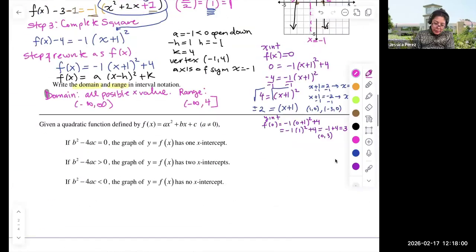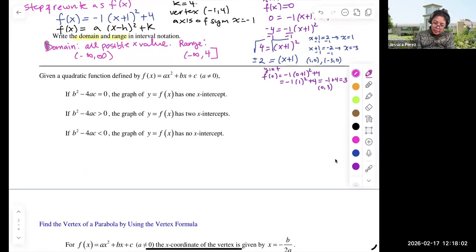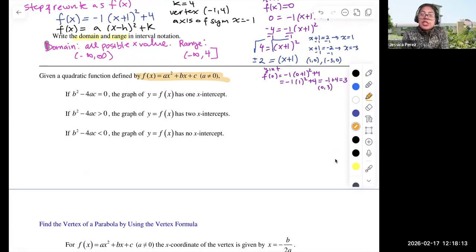Alrighty, so for this important information, let's say you have a quadratic function that looks like this. Now, this is in general form. When you are identifying how many x-intercepts you are going to have, you can use this formula, b squared minus 4ac.